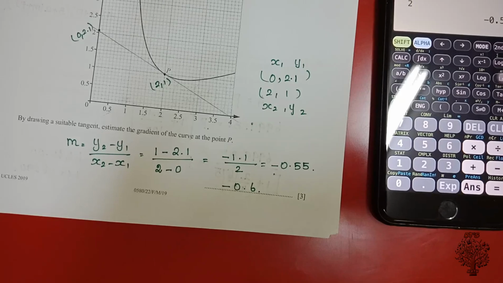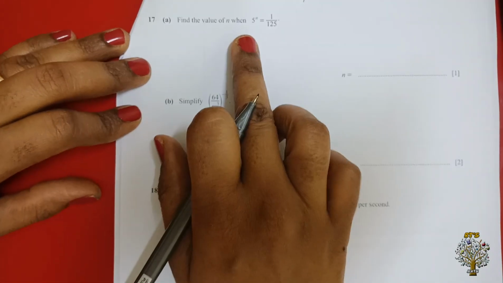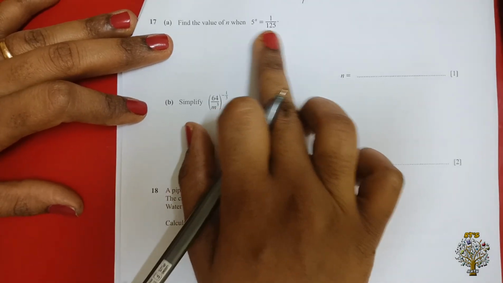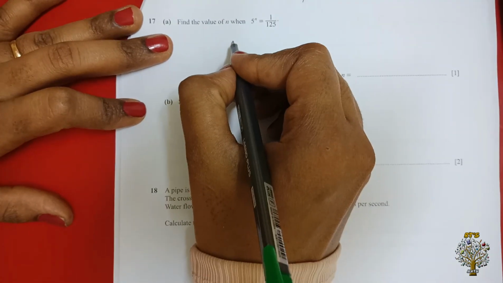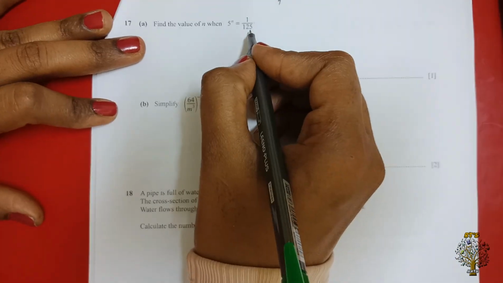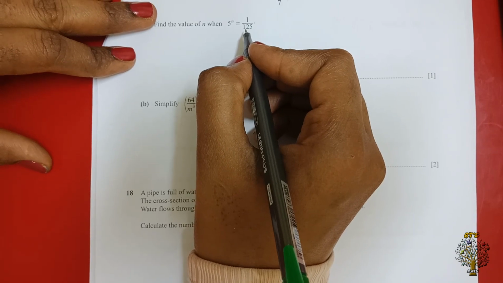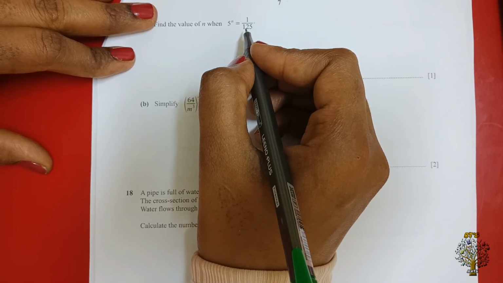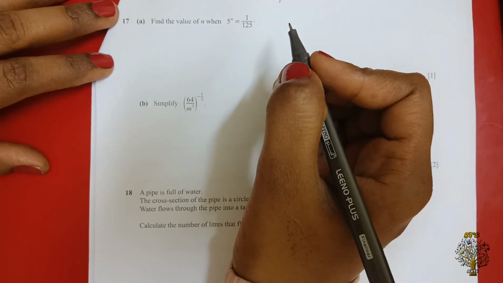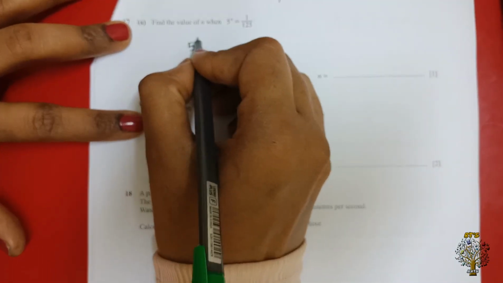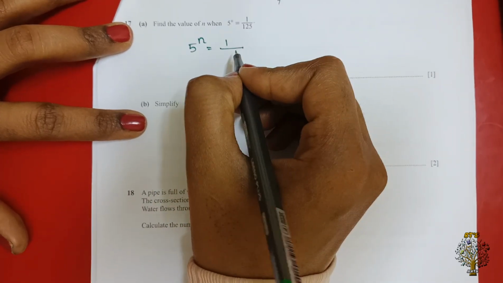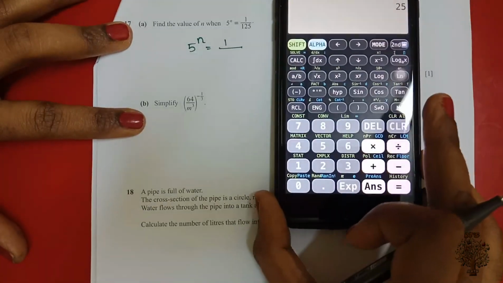Here ends this problem. Okay, next question is, find the value of n when 5 to the power n is equal to 1 divided by 125. Now I can write this 125 in terms of 5 to the power something. How we can write this, that we are going to see here. So we are writing this as 5 to the power n is equal to 1 divided by, let me check, 5 multiplied with 5 is 25.